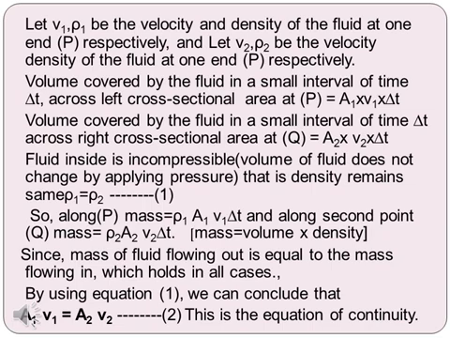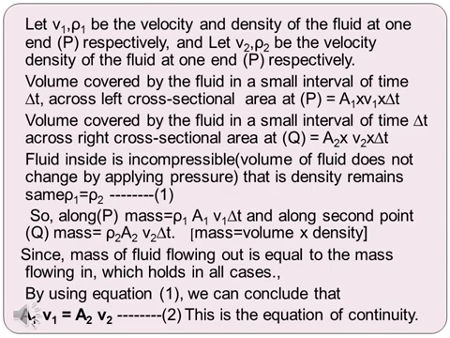Now let us see what is the volume covered by the fluid in a small interval of time across a cross-sectional area. At first, you have to see the volume covered by the fluid in a small interval of time delta t across the left cross-sectional area at the point P, which is equal to the area of cross-section at the point P into the distance covered by the fluid in time interval delta t.